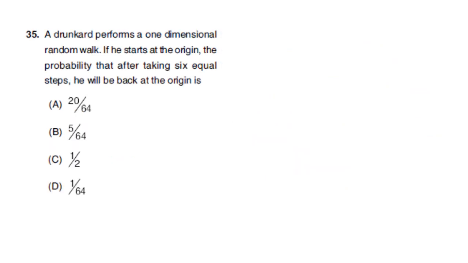A drunkard performs a one-dimensional random walk. If he starts at the origin, the probability that after taking 6 equal steps he will be back at the origin is. So it is a random walk problem.